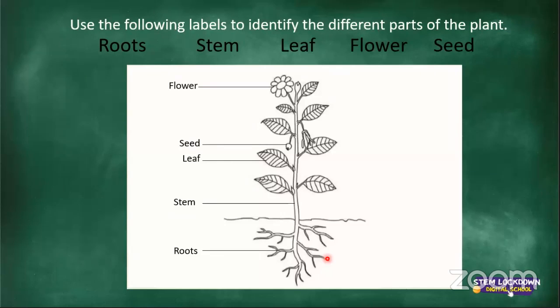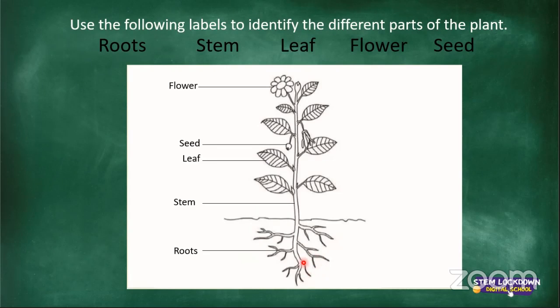Let's think of three things of the roots, okay? Firstly, it anchors the plant in place. So this keeps this plant in place. If there were no roots, this thing will just fall over. Next, it absorbs water and nutrients in the soil. So here, all the nutrients and all the food, it will absorb it.